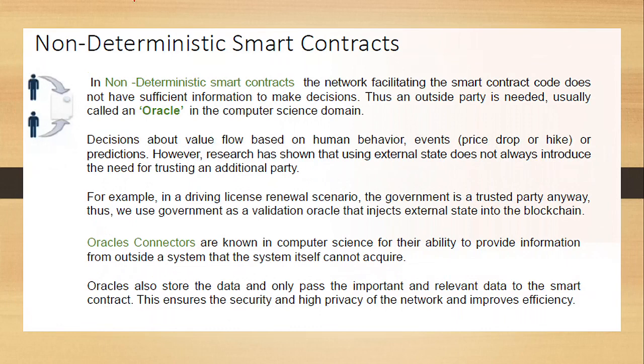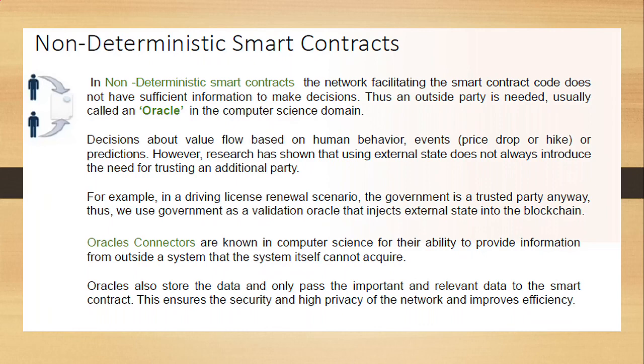Then we have non-deterministic smart contracts. So here is where we rely on a third party. In non-deterministic smart contracts, the network facilitating the smart contract code does not have sufficient information to make decisions. So they need an outside party. Usually these third parties that bring other useful information that can be used in a particular smart contract are referred to as oracles within this computer science paradigm. So they need to ensure that this information can integrate with the already established platform of the smart contract.